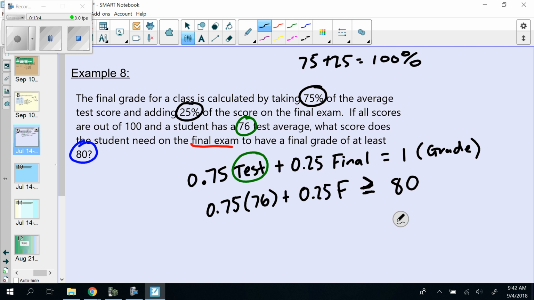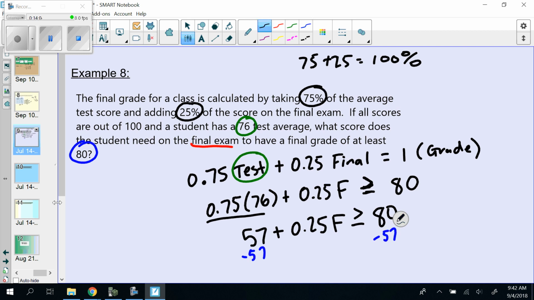So first thing we want to do, any simplification we can do. We do have some simplifying over here that we can multiply. So multiplying that out gives us 57. Okay, now just solving like we did on the last video, we can minus 57 from both sides.